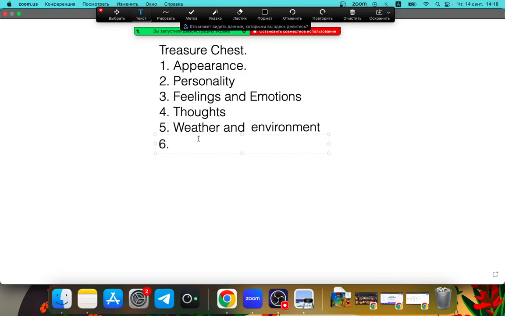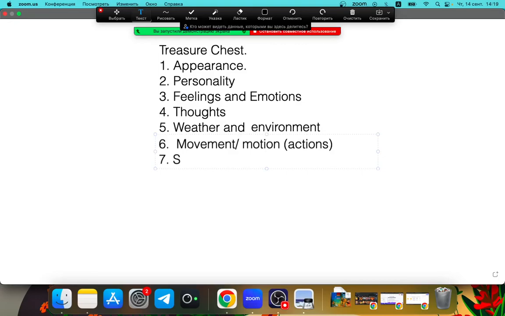Number 6 is about one's actions, the way you move, the way you do things, movement or motion. Or also, let's write down actions, because here we will write the actions. What people do, how they can move, and so on and so forth.